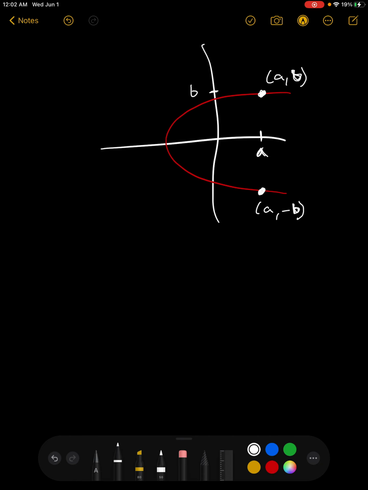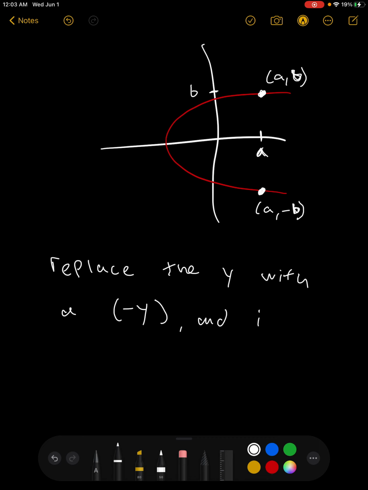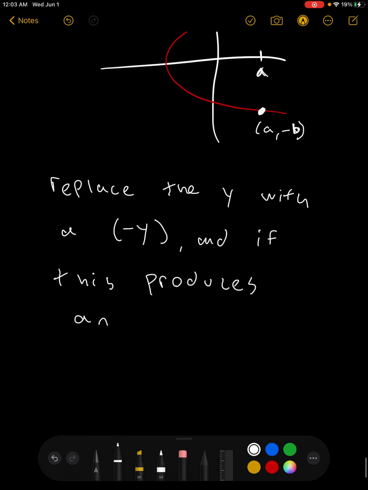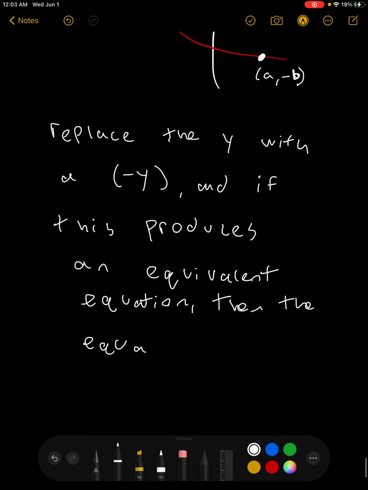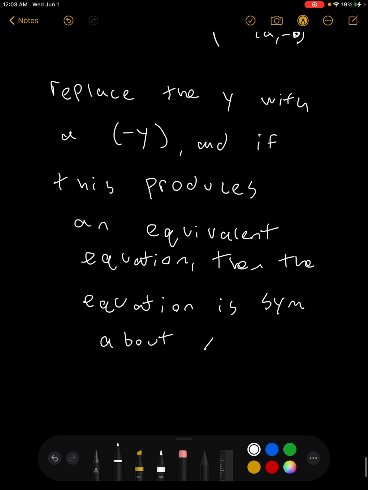So to test an equation for x-axis symmetry, all we have to do is replace the y with a minus y, and if this produces an equivalent equation, then the equation is symmetric about the x-axis.